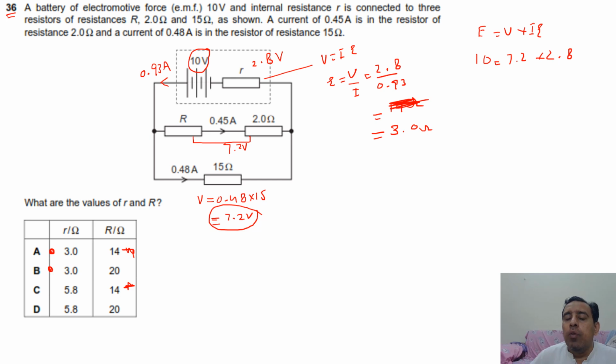We come to know this resistance. This is in fact V is equal to IR. The voltage is 7.2, the current is 0.45, and the resistance is R plus 2. By solving you can get R, and the value of this R is 14 ohm. So option A is correct.